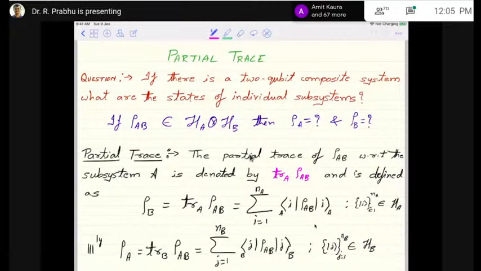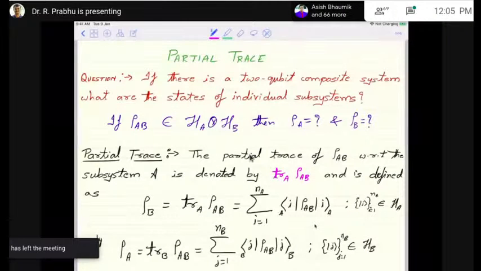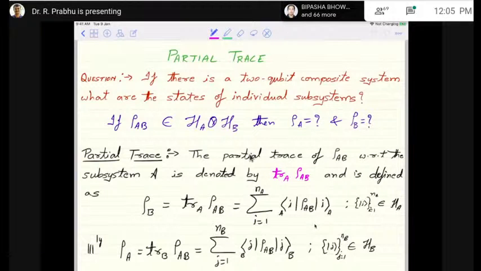Now, can I obtain the state of a single particle associated with this 2-qubit system? The question is: if there is a 2-qubit composite or joint system, what are the states of the individual subsystems? Can we gain knowledge about the subsystems, or the local density matrices?